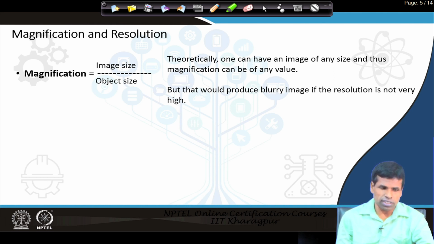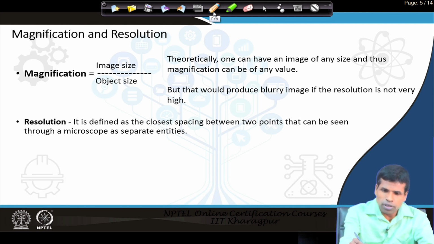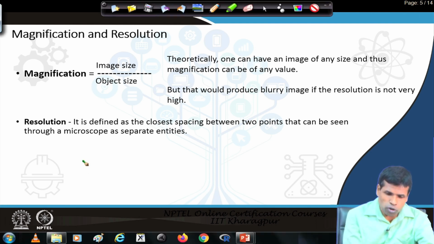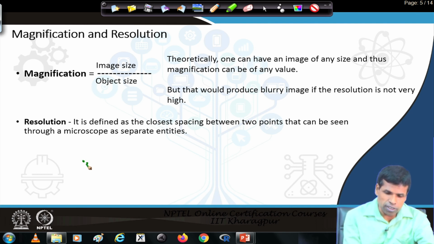Then what is this resolution? It is defined as the closest spacing between 2 points that can be seen through a microscope as separate entities. Like if we have 2 spots here and I could see these as separate entities, then I can say this is my resolution.